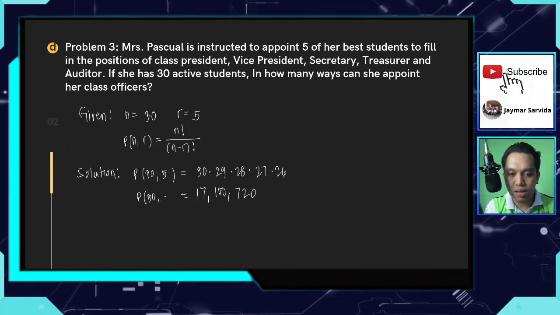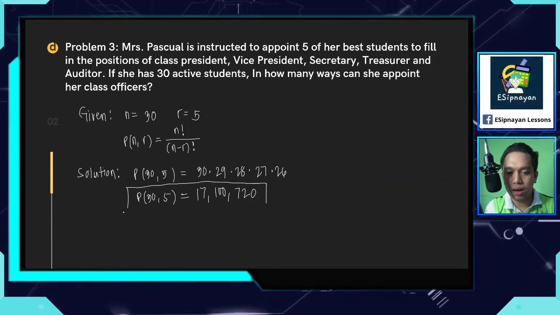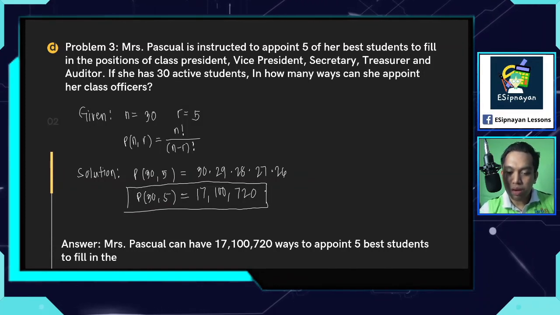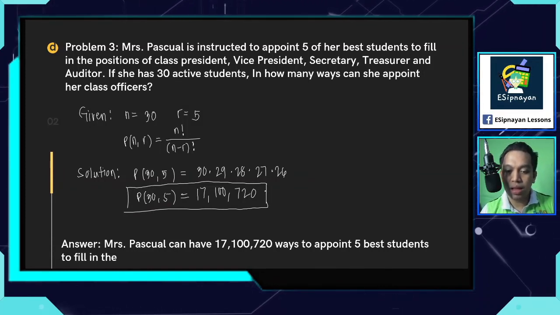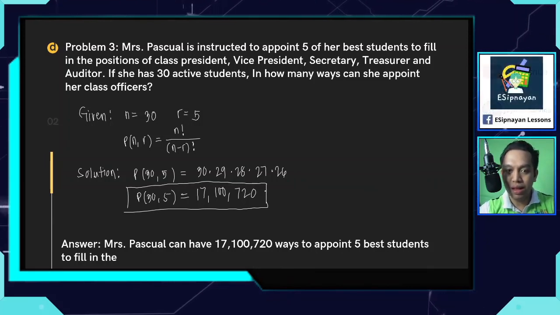Okay, sobrang dami. So, Mrs. Pascual can have 17,100,720 ways to appoint 5 best students to fill in the position.